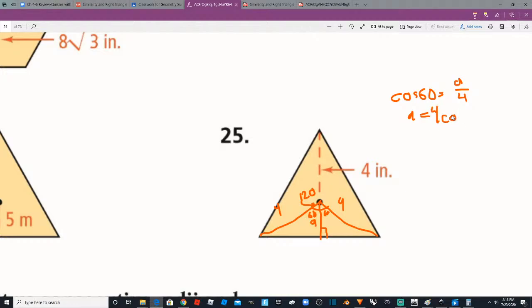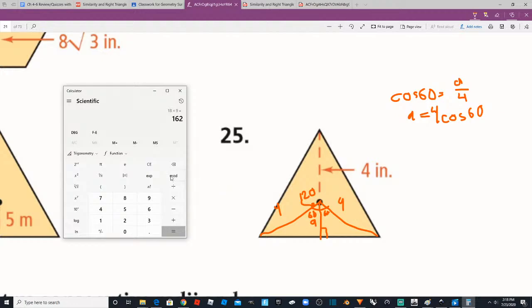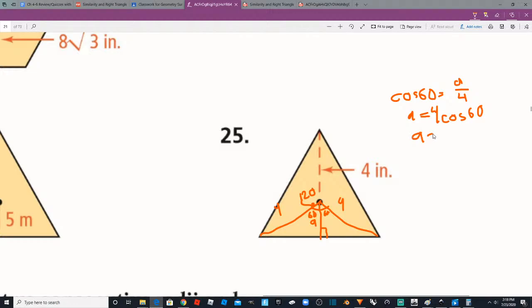We can multiply both sides. 4 cos 60, again we got a nice answer, is 2. So apothem is equal to 2.